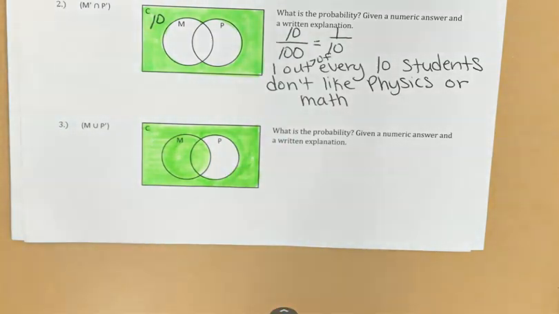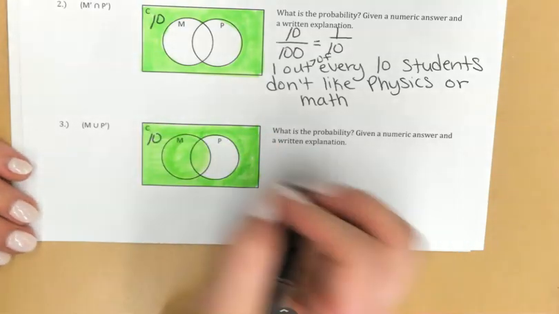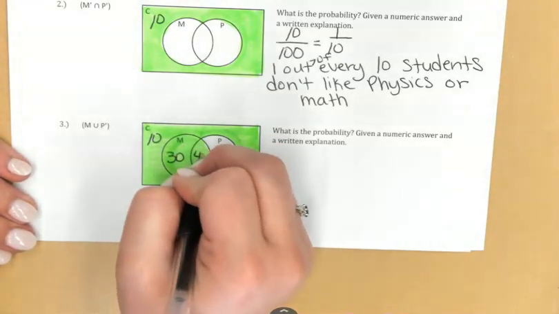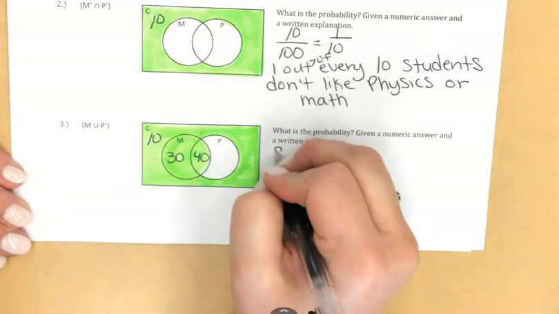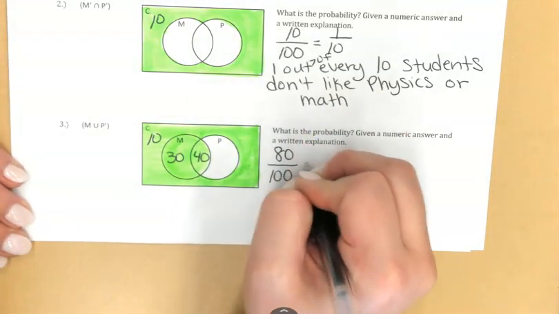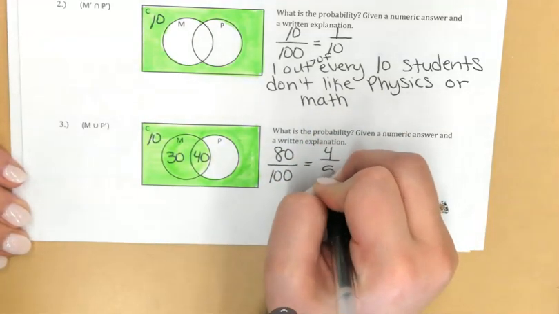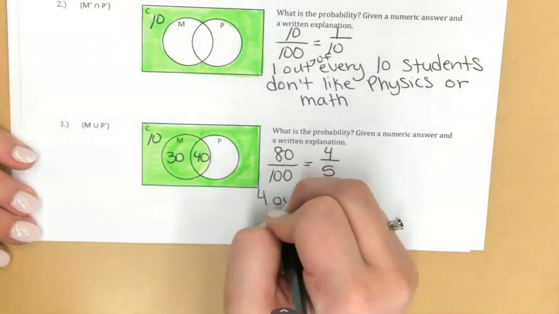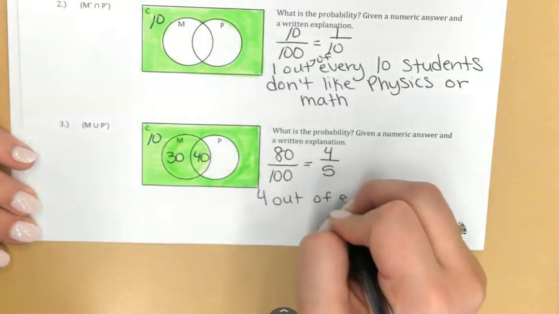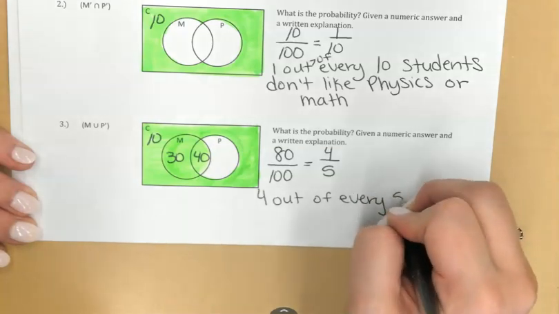And then going back to my numbers, this one's 10, this one's 30, this one's 40. That is going to give me a total of 80 over 100. This reduces to 4/5. So that means 4 out of every 5 students is represented here.